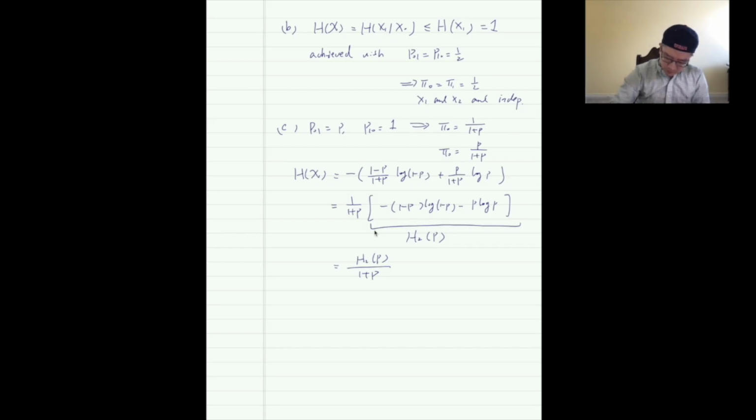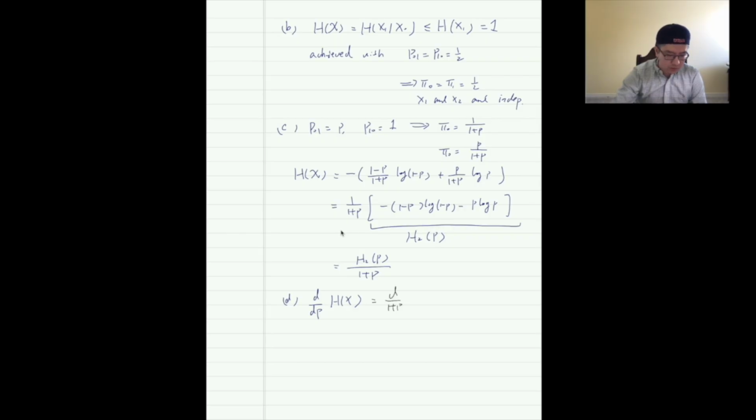Now let's see how we can maximize this entropy. We know the analytical equation, so it's nothing but taking the derivative with respect to P and then obtaining the result. You need to recall your calculus.